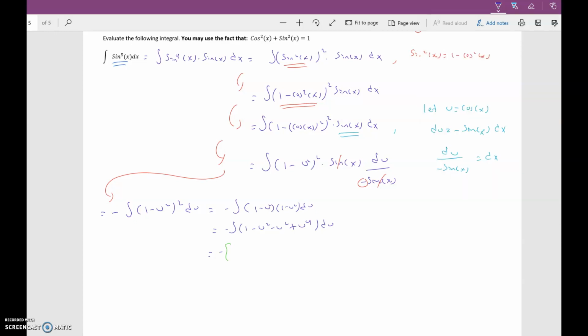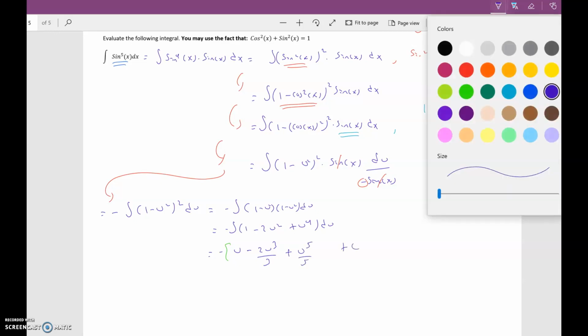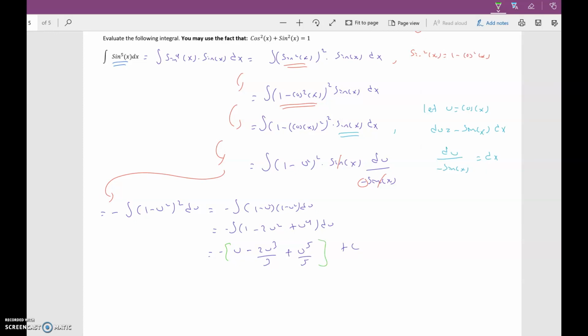So the first term is just going to be u minus u to the third over 3 minus, wait, there's two of these. Sorry, let me combine these. So this is just going to be minus 2u to the third divided by 3 plus u to the fifth over 5 plus your constant, and then we still have that negative on the outside.